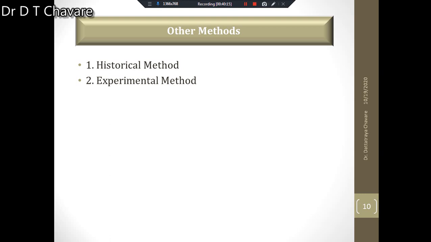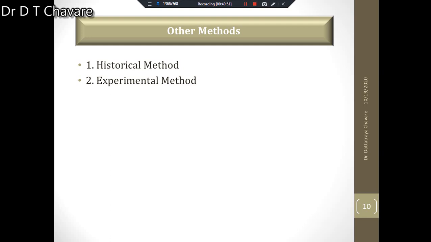And the last method of this presentation we have to study is the experimental method. In this method, the researcher studies the effect of independent variables on the dependent variable. It means the researcher has to study the effect of the independent variable on the dependent variable by artificially controlling the effect of the rest of the variables.